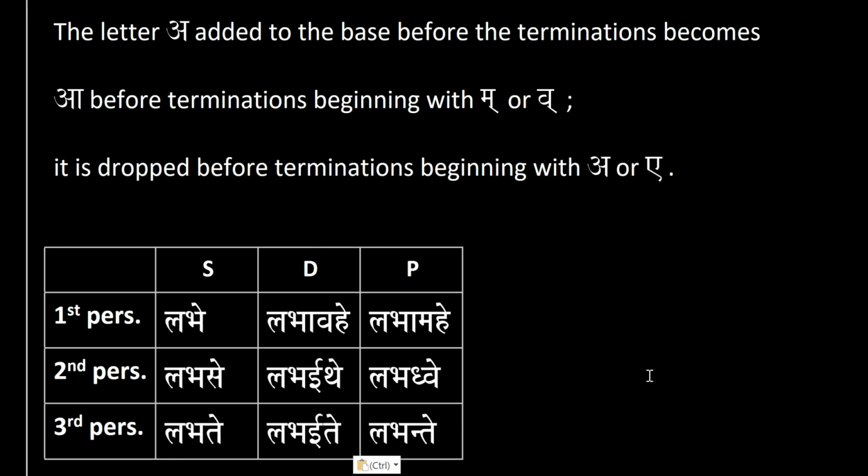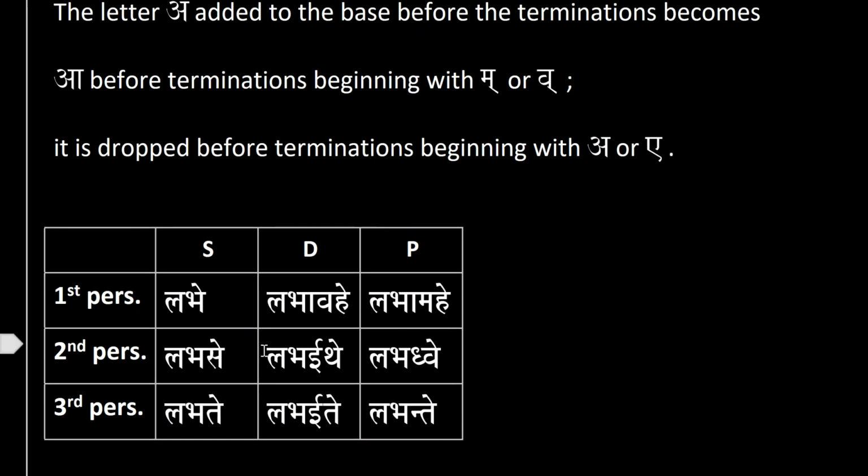Labhaite. And then that's that, right? But look at these two. Labhaite. Labhaite. So you have an a and an ai together. And then you have an a and an ai together here. Something is wrong here. What do you think is missing?